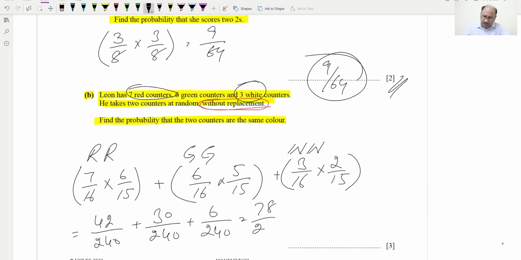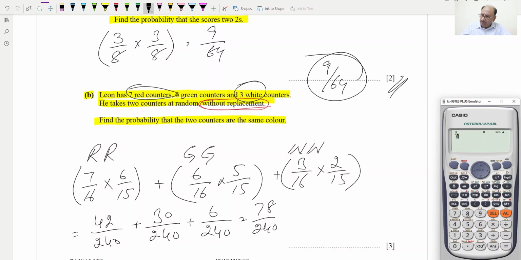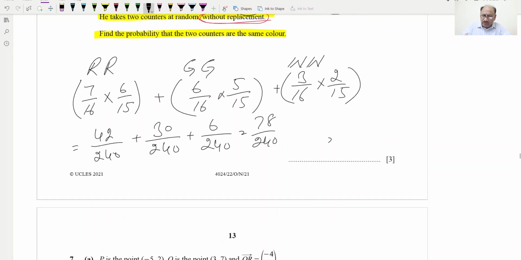So 78 over 240, and if you want we can provide the simplified answer also because it's divisible. So 13 out of 40, so 13 over 40 will be our simplified answer for 3 marks.